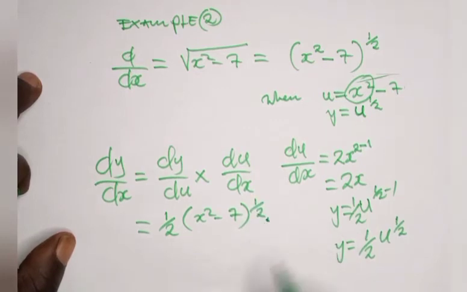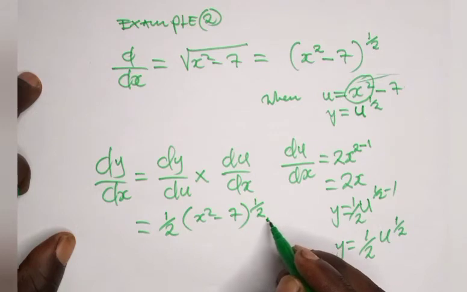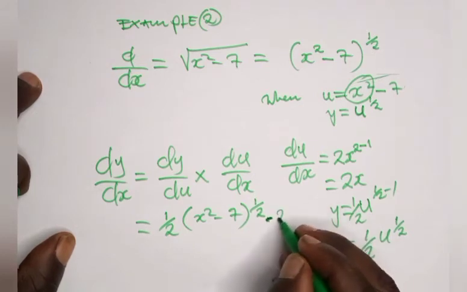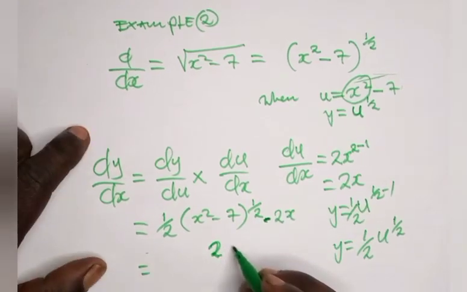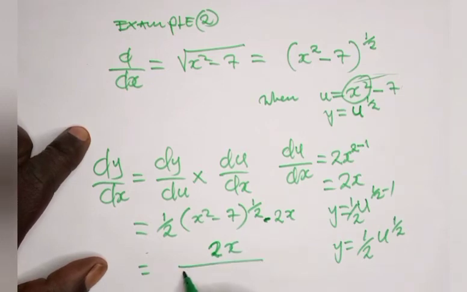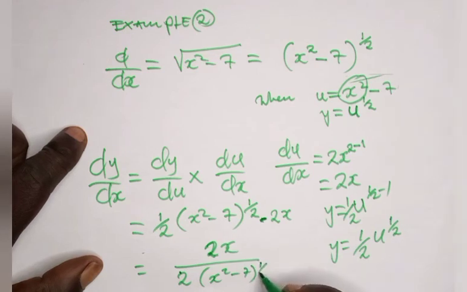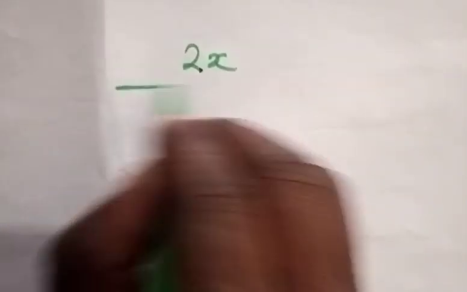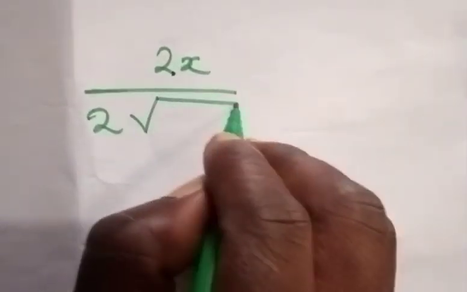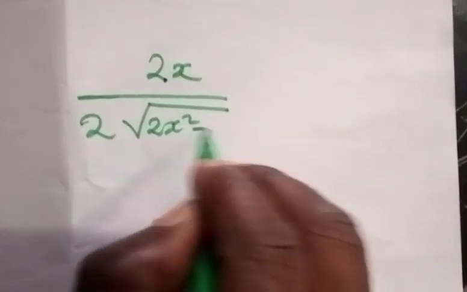Then multiplied by 2x, to be equal to 2x over 2 open brackets x squared minus 7 power half, which is the same as 2x over 2 square root of x squared minus 7.